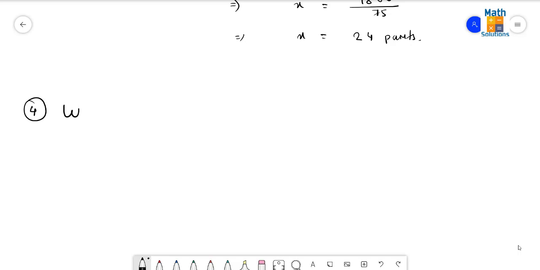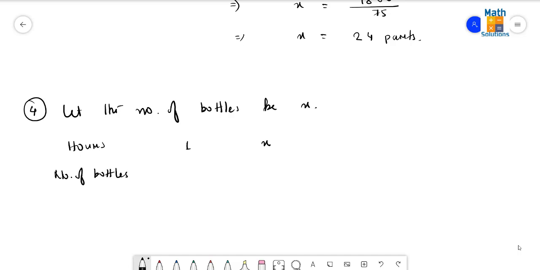So here in this case, let the number of bottles be x. The table can be arranged like this. I made a mistake here, sorry.